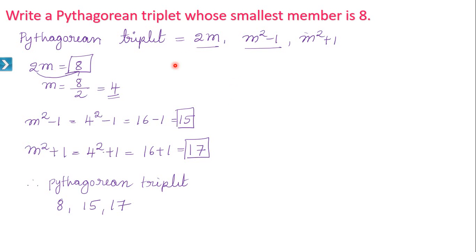And see here, the smallest number in 8, 15 and 17 is 8. So, the Pythagorean triplet whose smallest number is 8 is 8, 15 and 17.